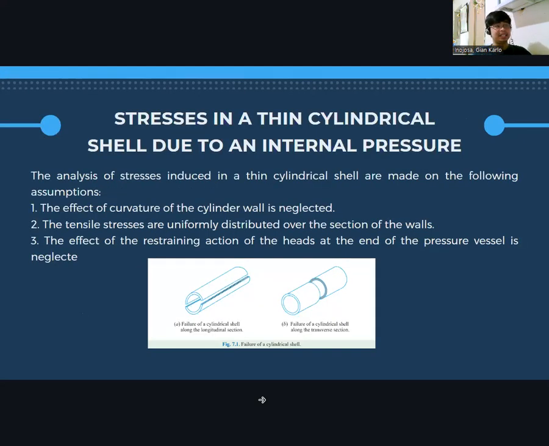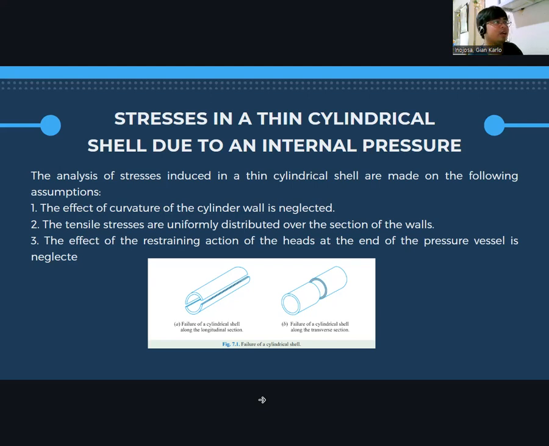For the stresses in a thin cylindrical shell due to an internal pressure, the analysis of stress induced in a thin cylindrical shell is made on the following assumptions. First, the effect of curvature of the cylinder wall is neglected. Second, the tensile stresses are uniformly distributed over the sections of the walls.